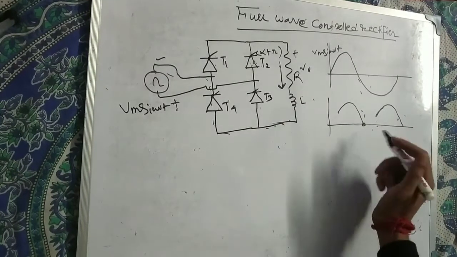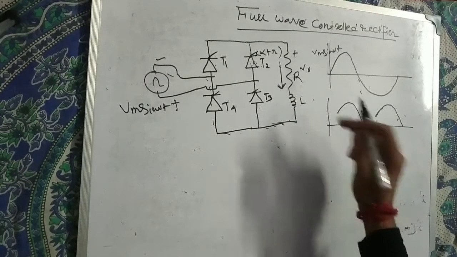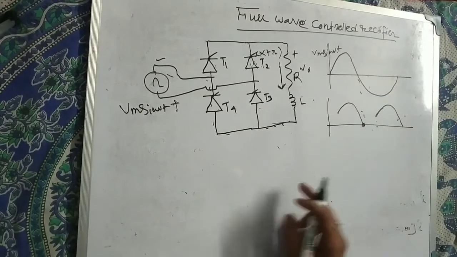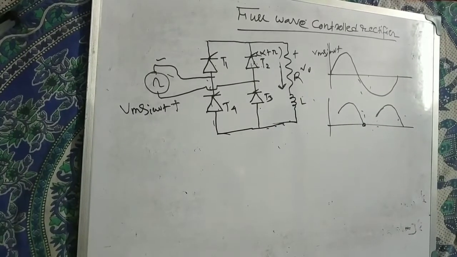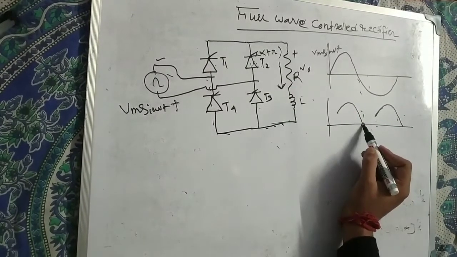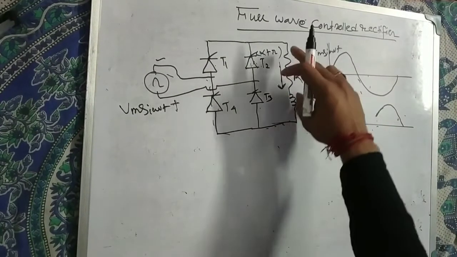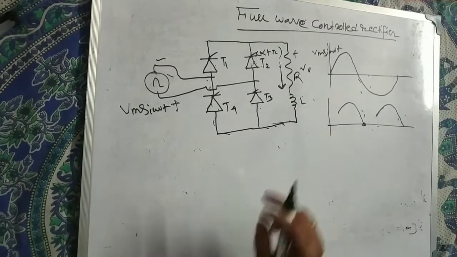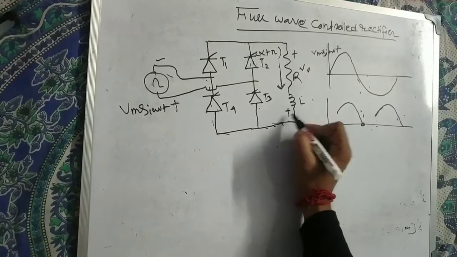For the resistance case, we have seen that from alpha to pi plus alpha the voltage is 0. But in this case, will that happen? No, because whenever there is no voltage across it, the inductor changes its polarity.